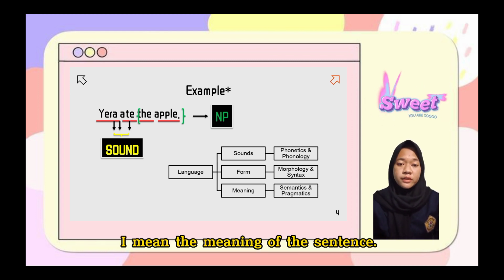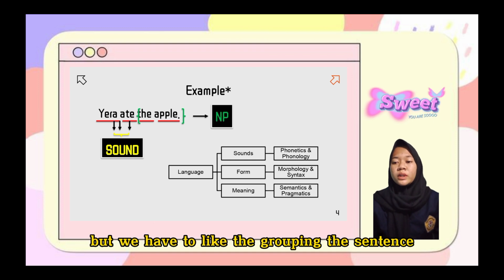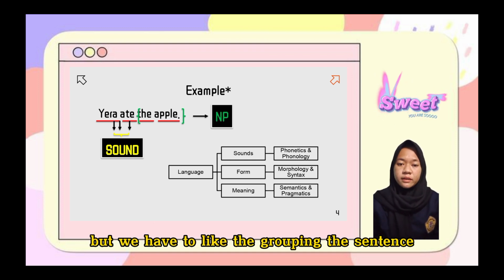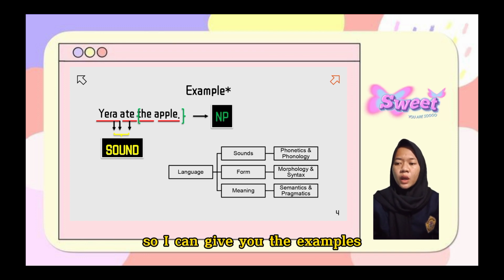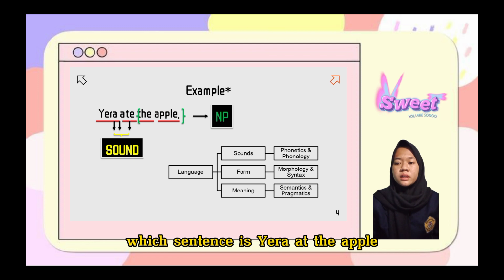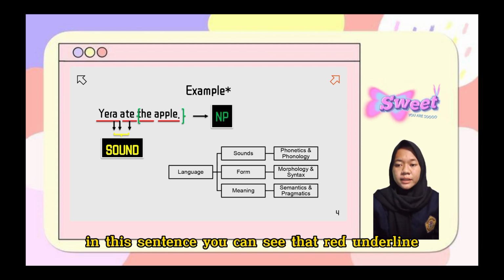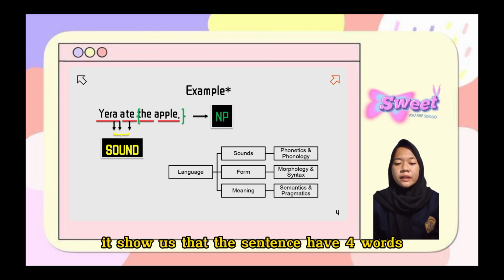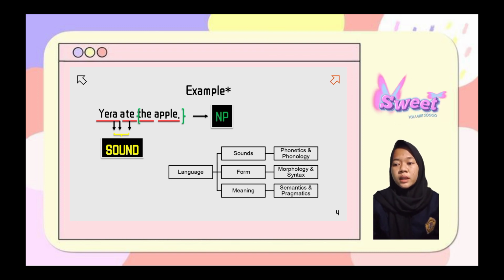Okay, so we can use semantics to analyze a sentence. I mean the meaning of the sentence, but we have to group the sentence. So I can give you an example. The sentence is "Yera ate the apple." In this sentence, you can see the red underline shows us that the sentence has 4 words.